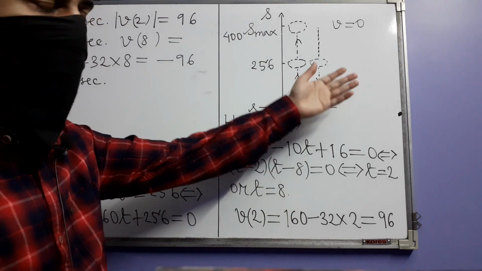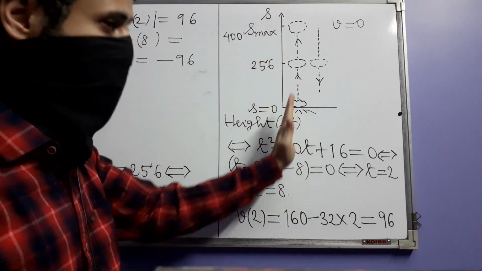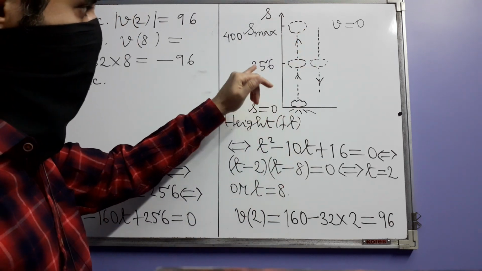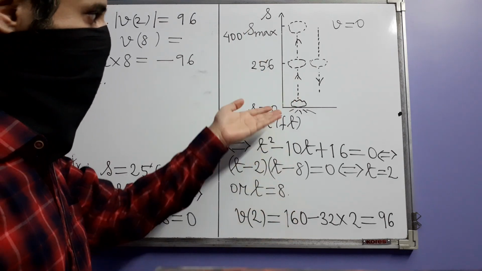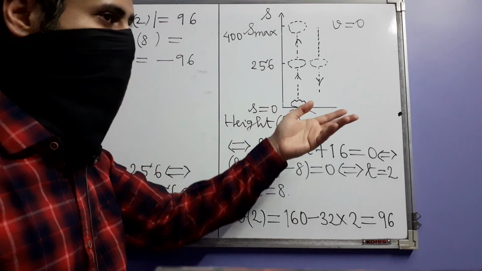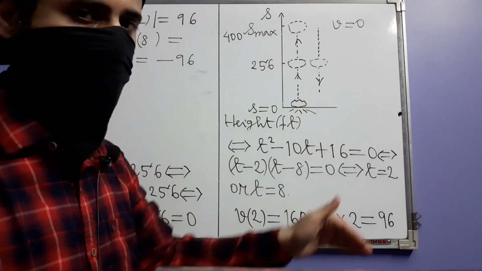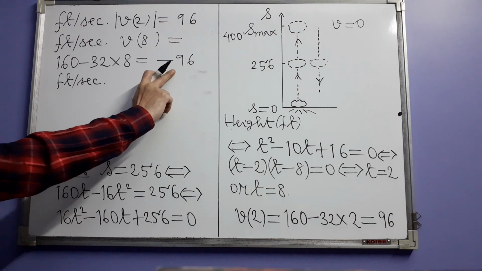As we said earlier, during the upward motion, the velocity is positive, because that's the direction in which s is increasing, but during the downward motion the velocity is negative, because in that direction s is decreasing. So that's why we have this minus sign.